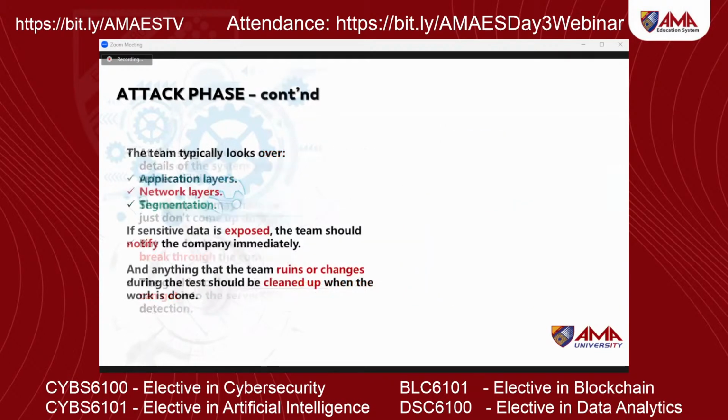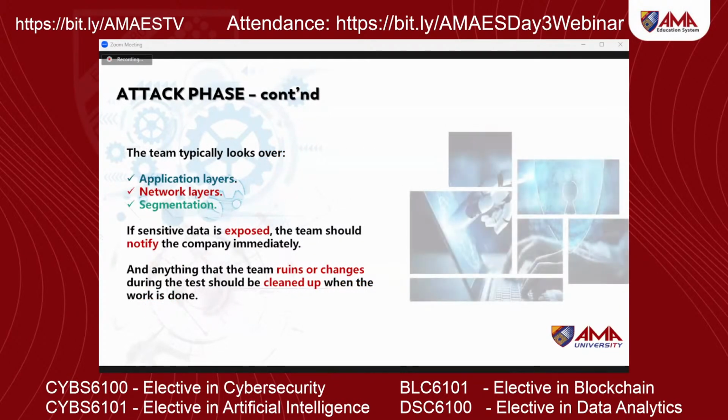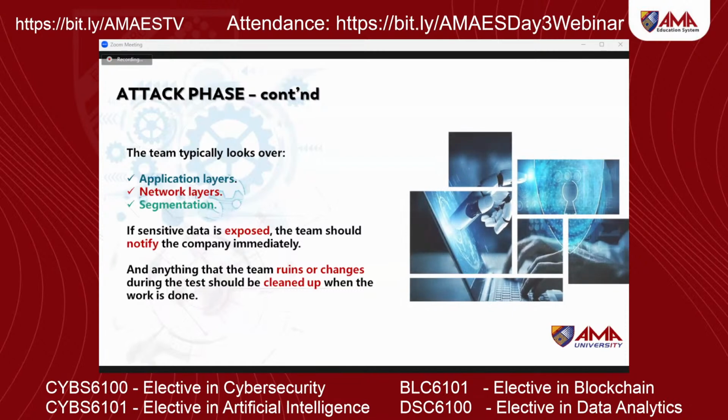Now, let's continue. The team typically looks over, of course, sa tinatawag nating application layers, network layers, and segmentation. So if sensitive data is exposed here, the team should notify the company immediately. Hindi nila pwedeng ilihim or i-secret muna until malaman nila yung buong scope. But rather, kung may na-expose, they will inform the company immediately, no?